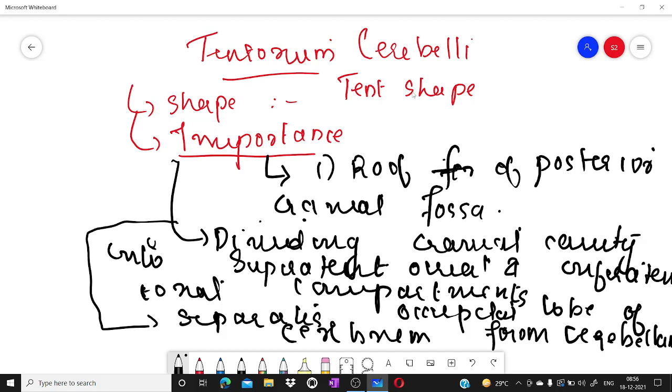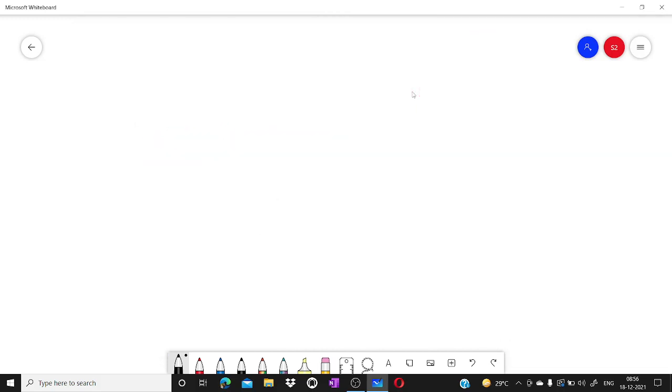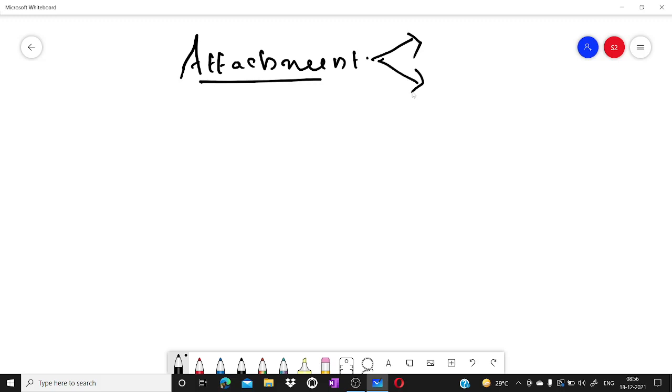Now we are going to discuss the attachment of this Tentorium cerebellae and the parts of the Tentorium cerebellae, which is very important. So to know about this in detail, we have to know one point, that it consists of an attached part and also a free part.